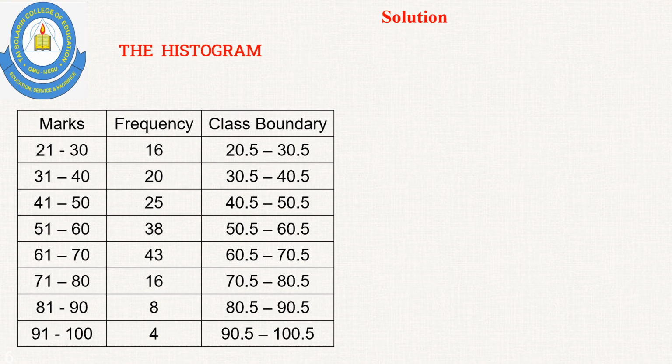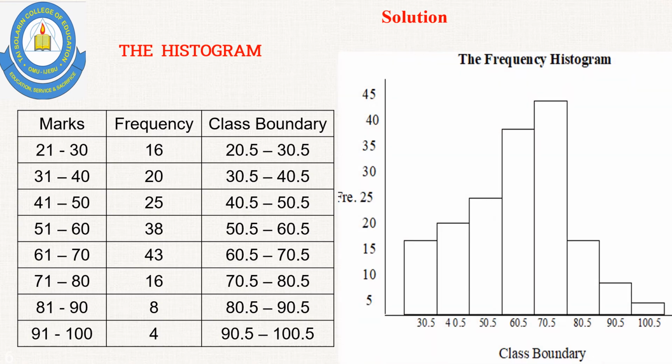Don't forget that to generate the class boundary, you take away 0.5 from the lower class interval and add 0.5 to the upper class interval, and that will generate the values we have here. We are going to plot our class boundary against the frequency, using the upper class boundary. The upper class boundary here is 30.5, so you trace 30.5 against the frequency of 16. Don't forget that the bars are joined together.